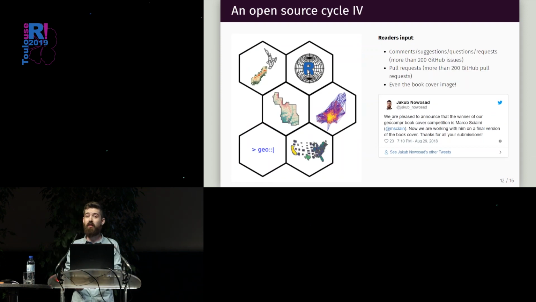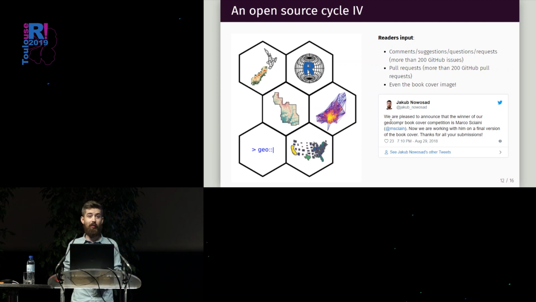And the fourth part is the community. So it's not that you need to be a package author or a software developer to have your impact. We had more than 200 GitHub issues opened with comments, suggestions, questions, requests, and we try to be as helpful as possible to implement them.